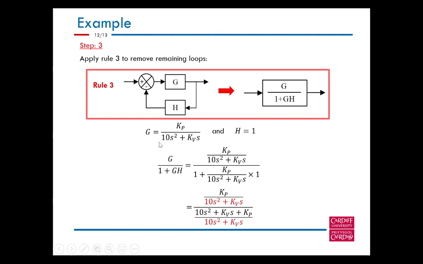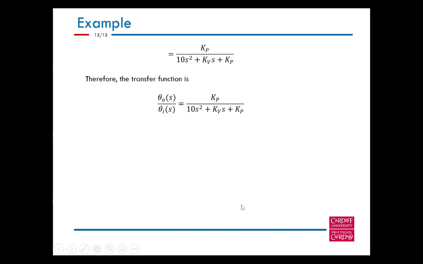Again, we apply rule 3 and get these equations. If we multiply by 1 over 10s squared plus KVs on both the top and the bottom, which is basically the part in red, we can get rid of them. And that's the final expression, or the final transfer function.